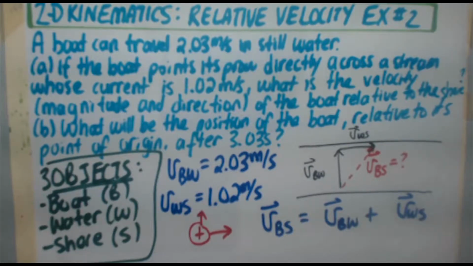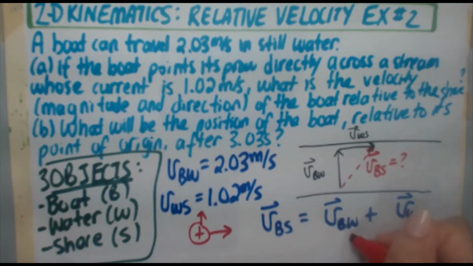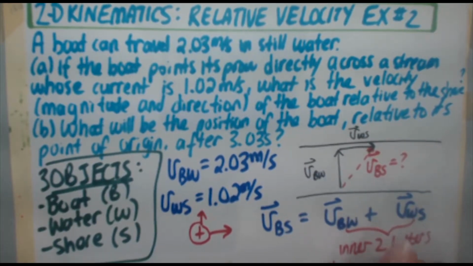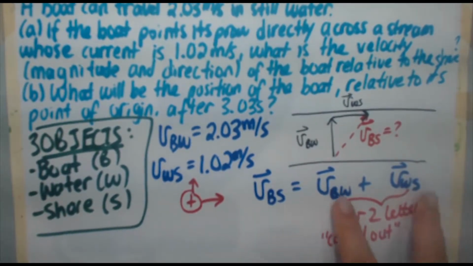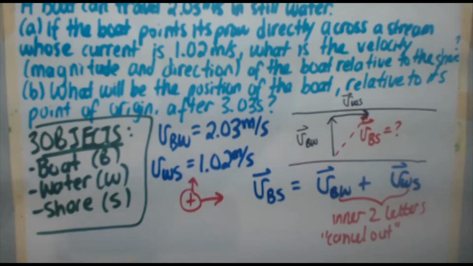So at this point, we simply need to plug it in. Remember, according to the rules of relative velocity, the inner two letters should cancel out, leaving you with the outside two, which is exactly what we're looking for.